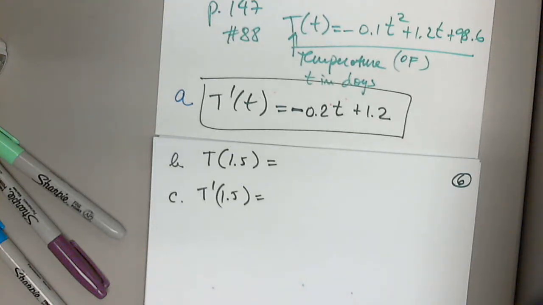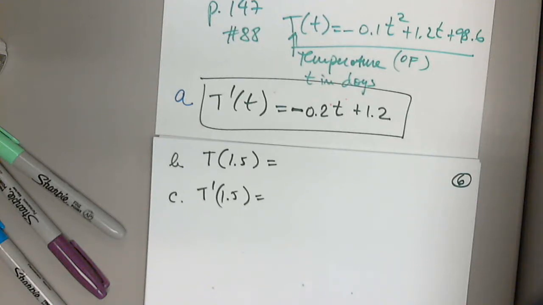So the temperature after 1.5 days is 100.18. But the rate of change right at the immediate, yes, 0.9. So this is degrees Fahrenheit. And this is the rate of change right after 1.5 days.